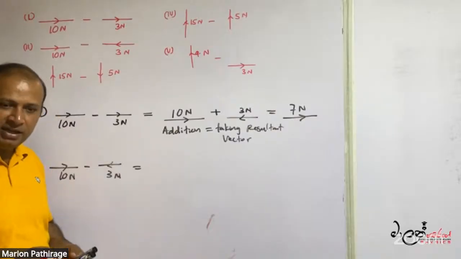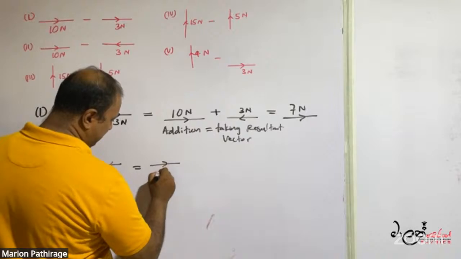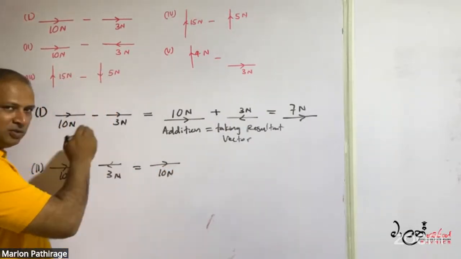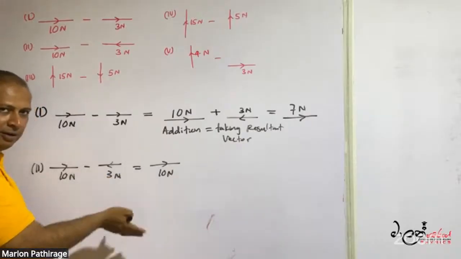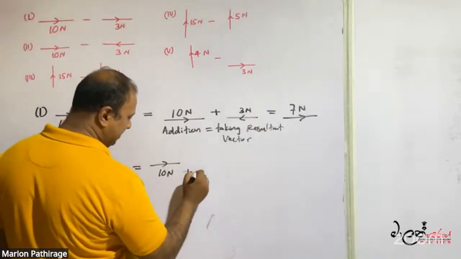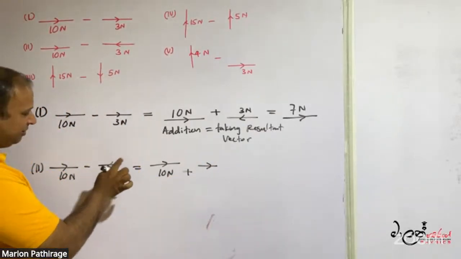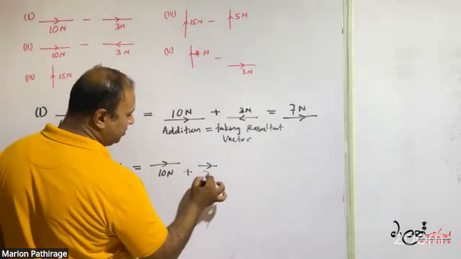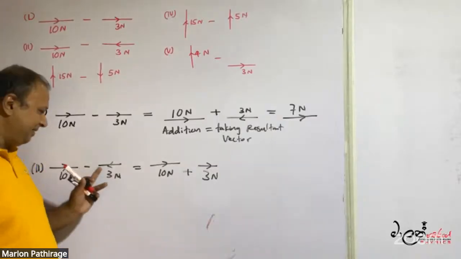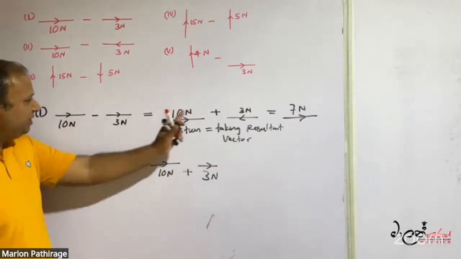So how to write this one as an addition? 10 Newton force into this side, plus 3 Newton force, an addition with the negative vector.